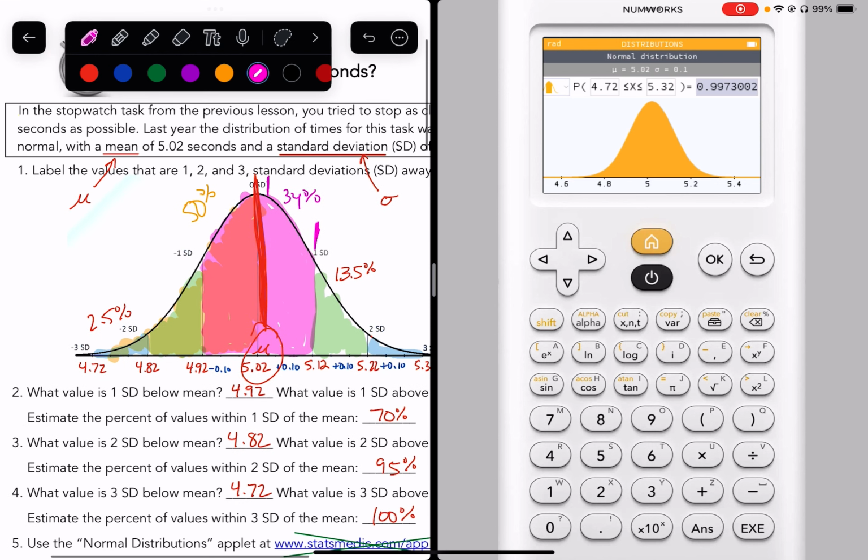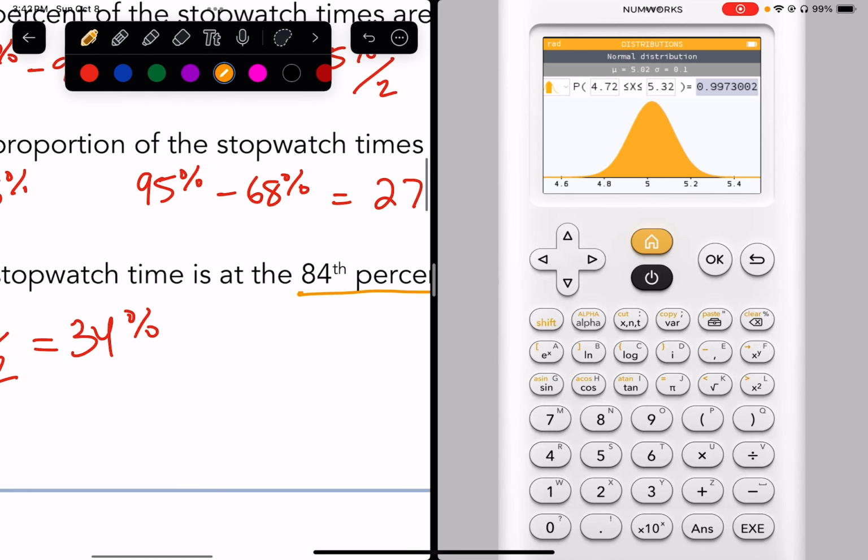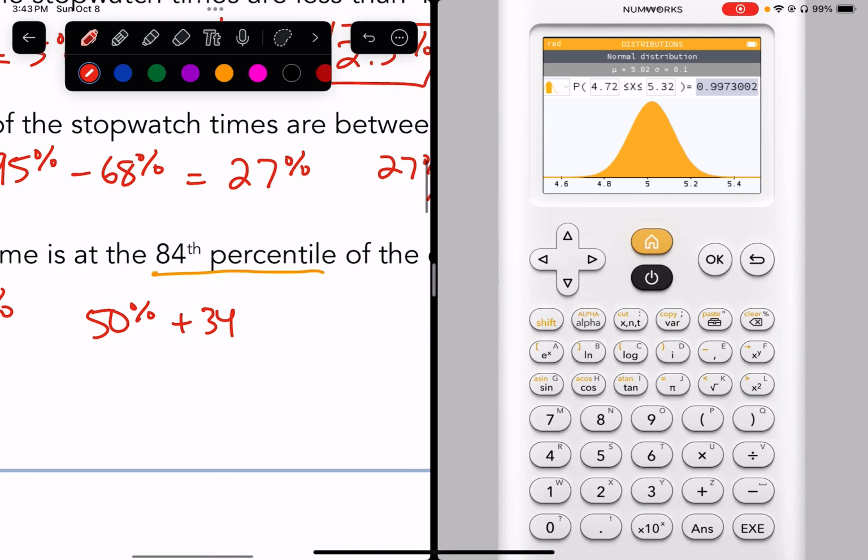Well, what do you know? 50% on the left plus that first pink section of 34% gives me a total of 84%. So that left 50 plus that 34% from the middle pink section gives me 84%.